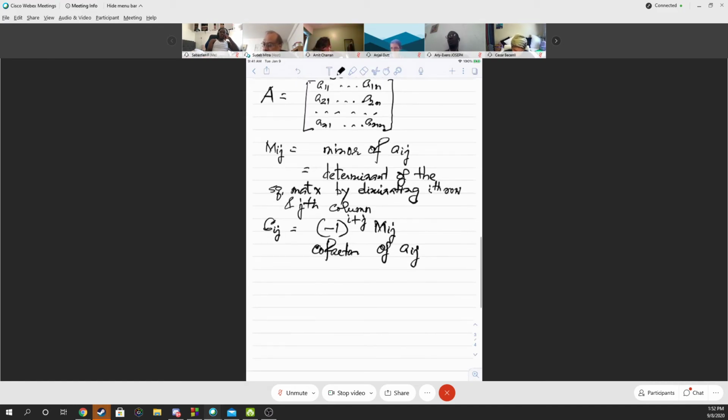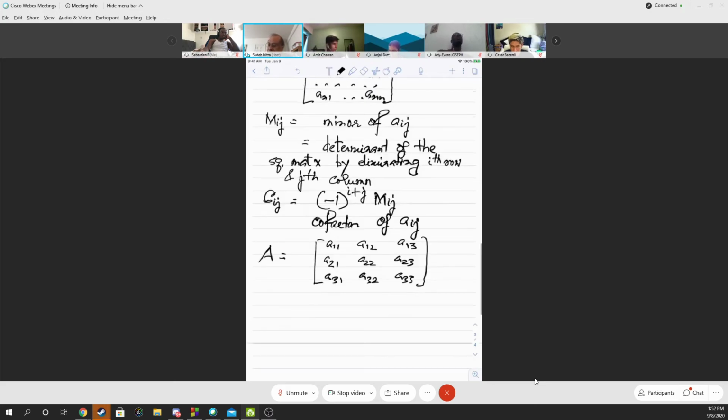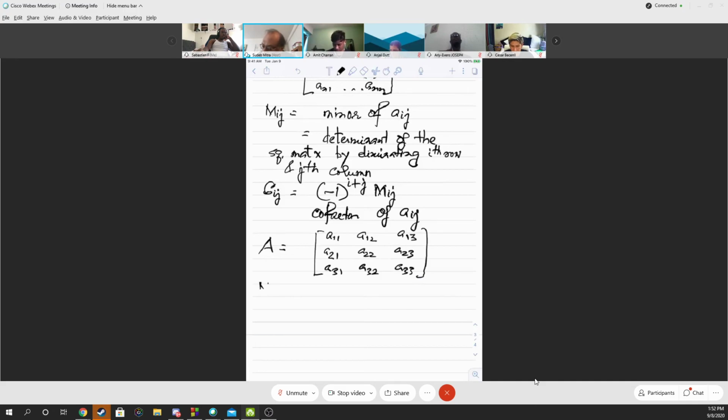So let's try to understand what this means. Let's take a 3 by 3 matrix: A11, A12, A13, A21, A22, A23, A31, A32, A33. I'm going to write down the minors. So M11 will be the minor of A11.